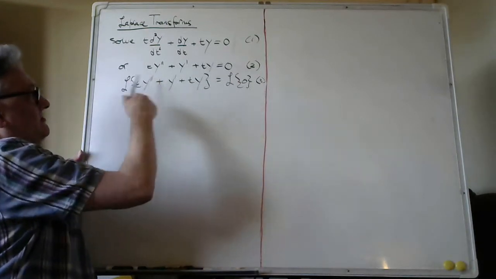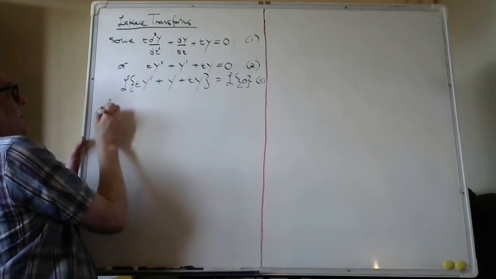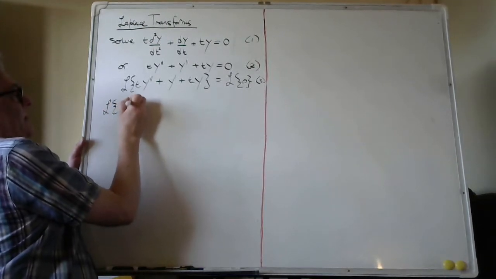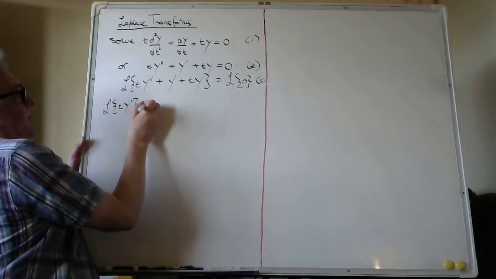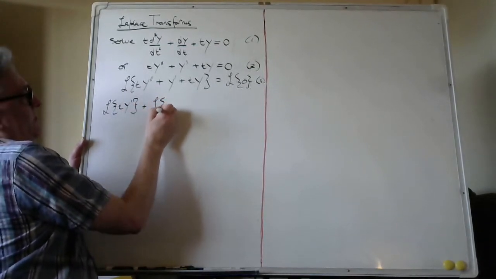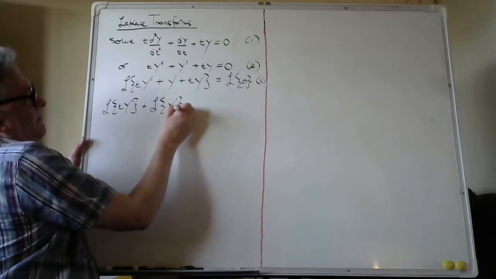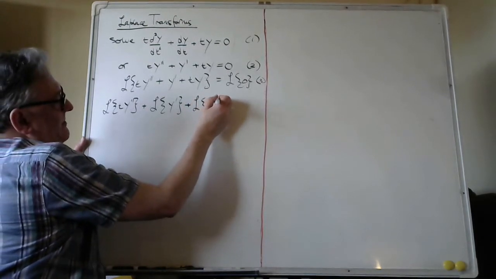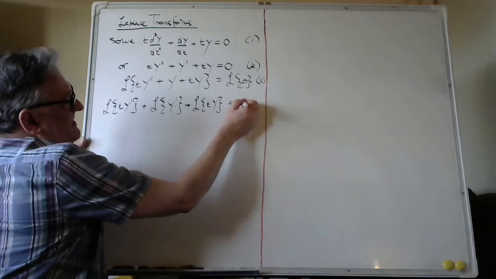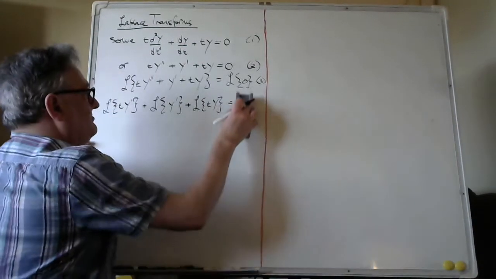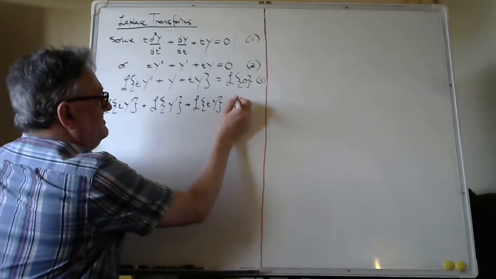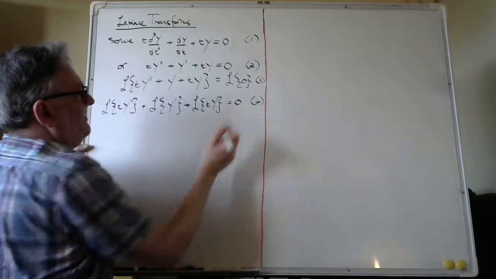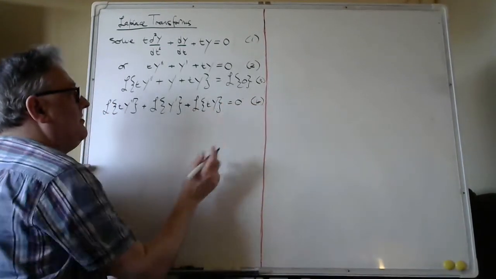Now this, because of its linearity, can be written in this form: the Laplace transform of t capital Y prime prime plus the Laplace transform of Y prime plus the Laplace transform of t capital Y, and that's going to be equal to 0 on that side, because the Laplace transform of 0 is just 0. So we'll call that equation 4.